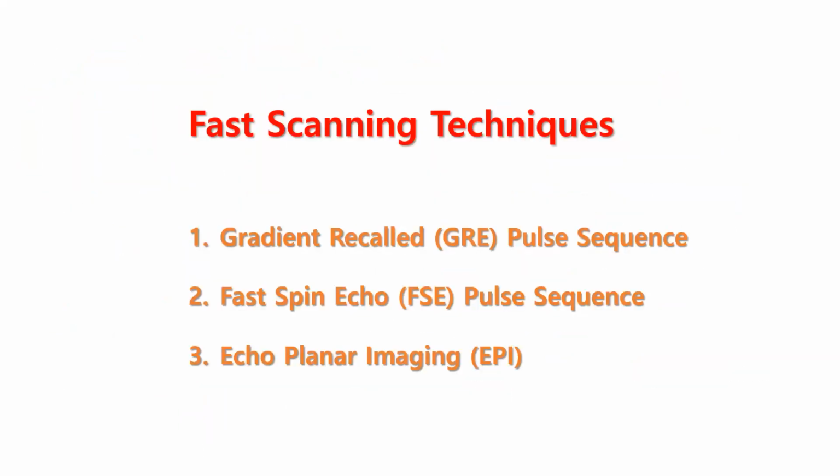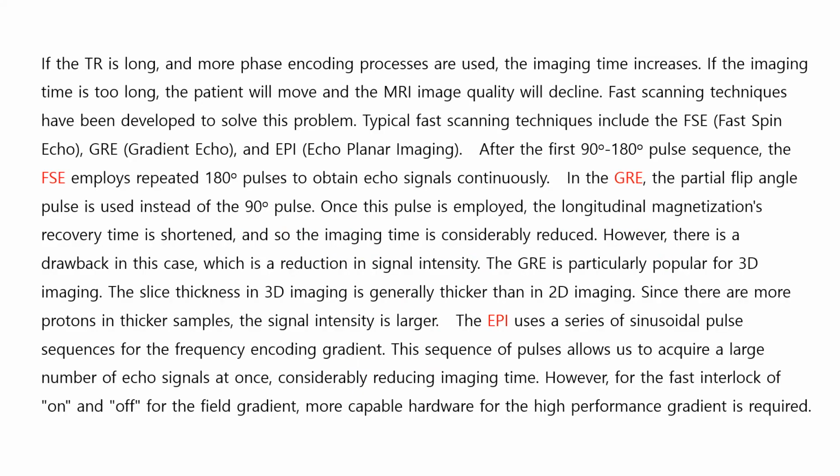Now let's see the fast scanning techniques: gradient echo sequence, or just GRE, the fast spin echo, FSE, sequence, and echo planar imaging. If the TR is long and more phase encoding processes are used, the imaging time increases.